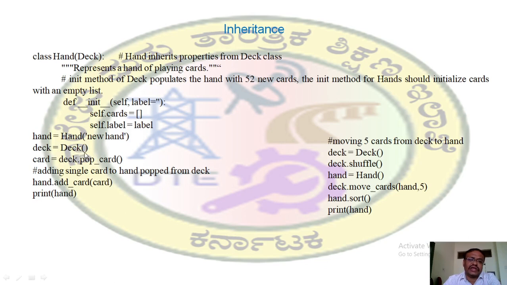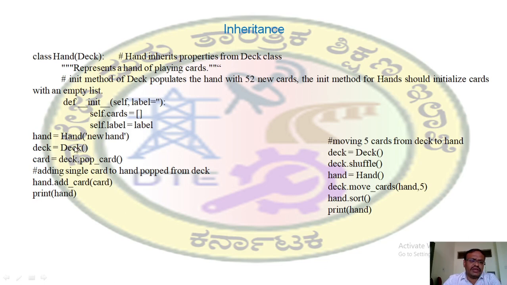We are creating a Deck, and card equals deck.pop_card, then hand.add_card adds the card. So both of them create an object here, and we are just adding one card into the hand. That is how we can do things.